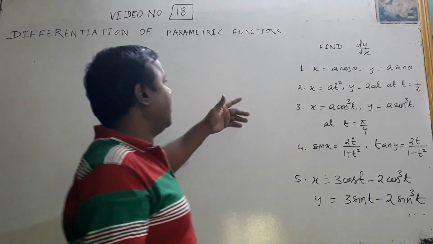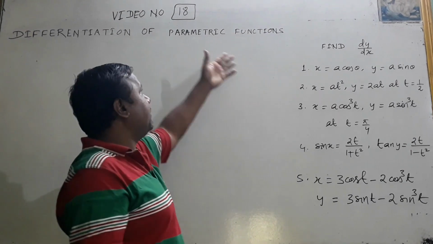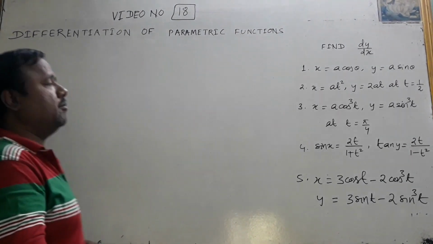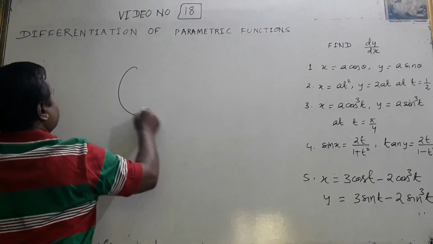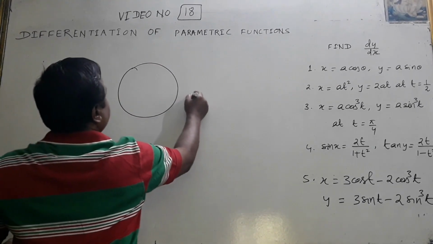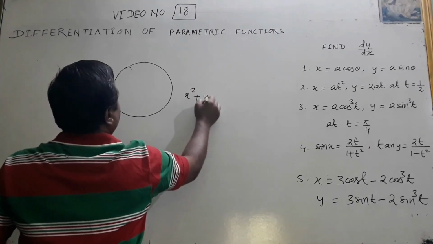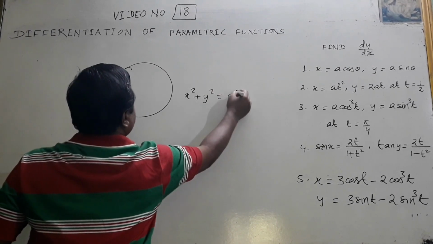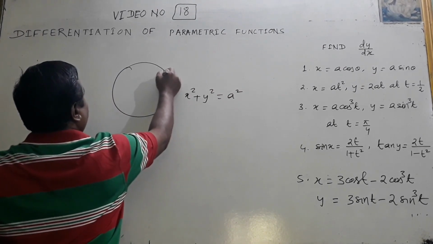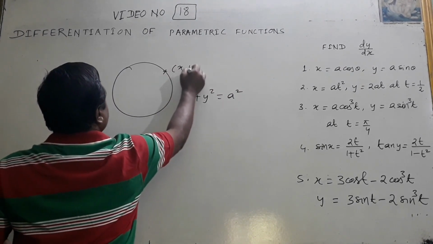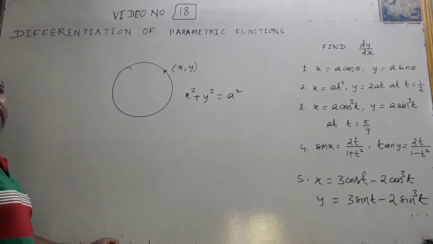Before telling the derivative, I am telling what is really a parametric form. You know the equation of a circle is x square plus y square is equal to a square. The coordinate of any point on this circle is x, y.